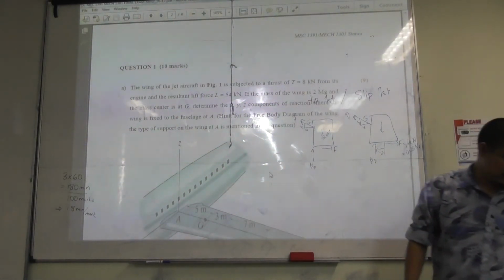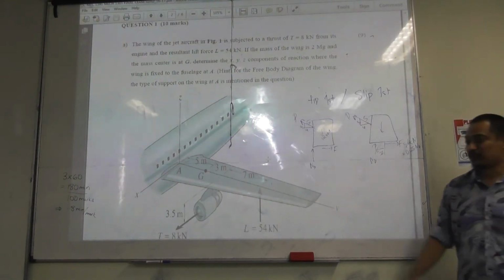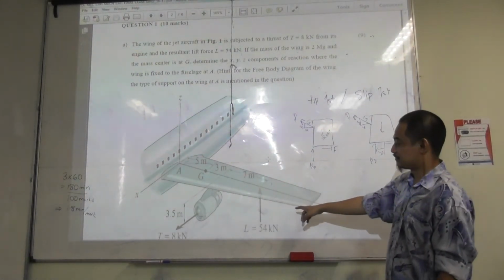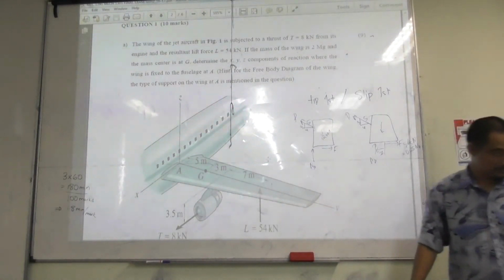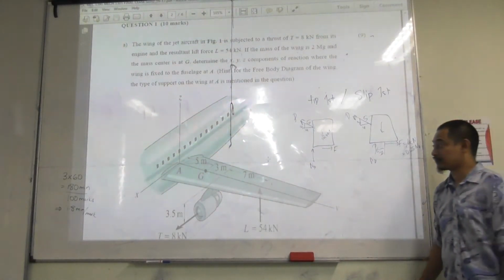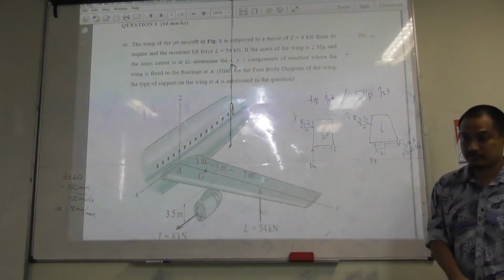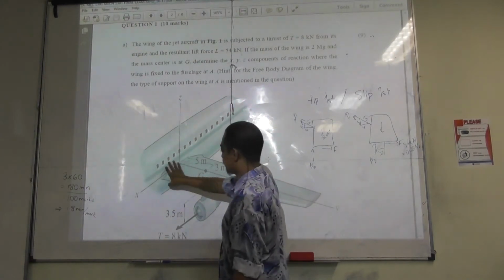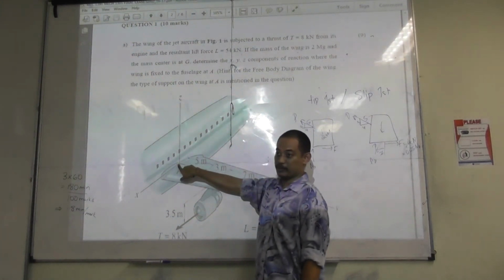Okay, just out of interest, do you know how to solve this one? Do you know what to do? Do you know how to draw the free body diagram? Usually easy, right? If you draw the free body diagram of the wing, meaning you detach from the body here, what will you draw here? What is the support direction?